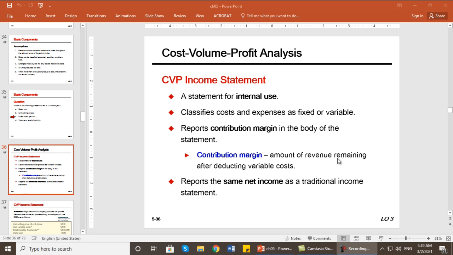It reports the same net income as a traditional income statement, the statement we prepare when we prepare financial statements. We reach the same result, the same net income.